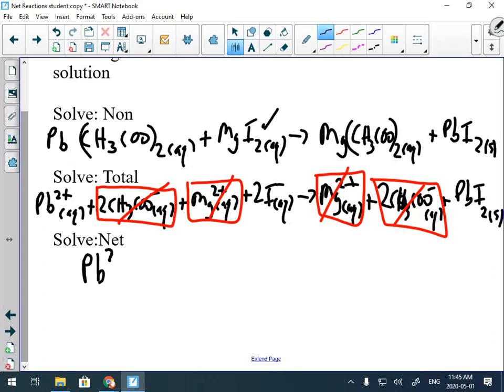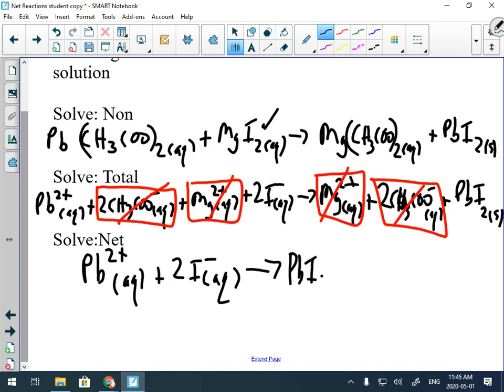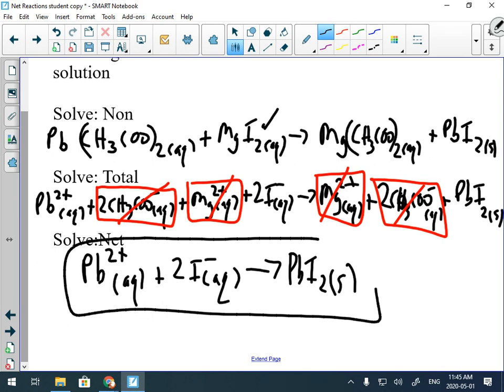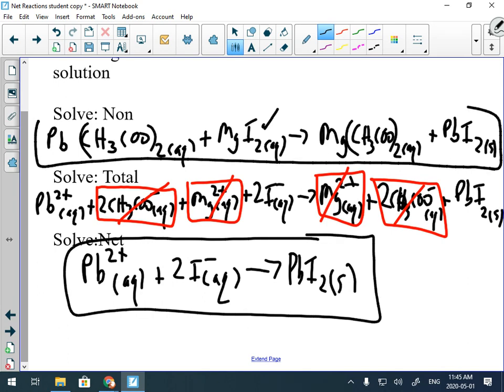So we get Pb2+ plus 2I negative gives us PbI2. Wow, that shortened it down quite a bit, right? Look, that's our net.